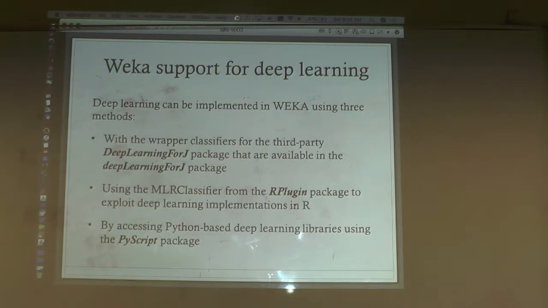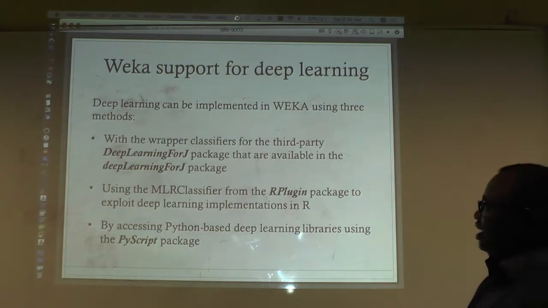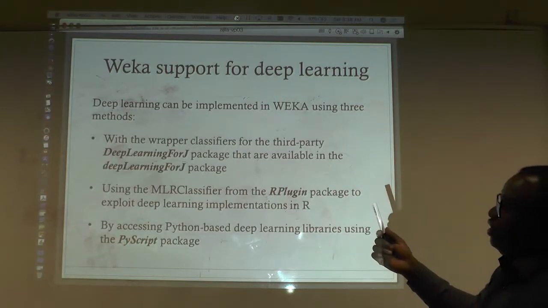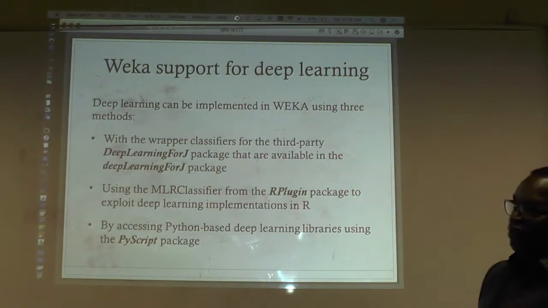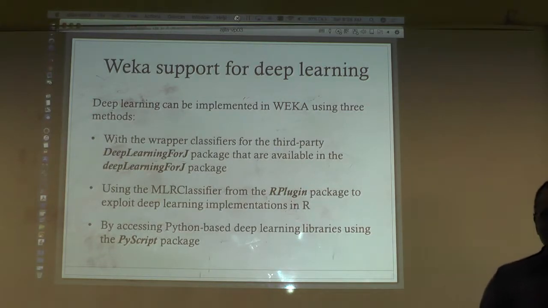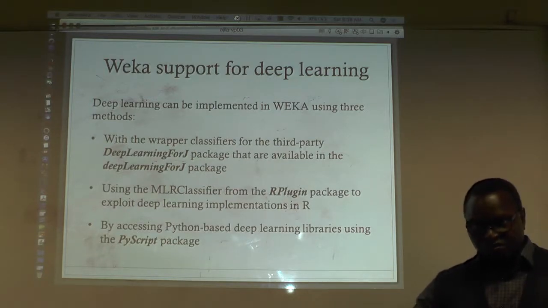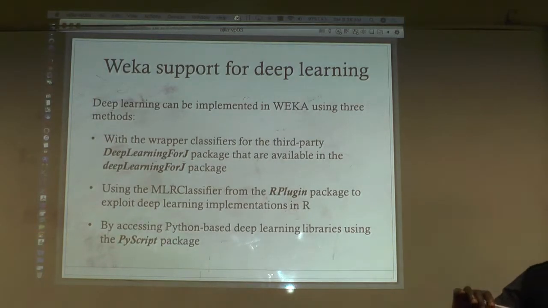Okay. So now, because we're going to go to Waker this morning, I just put this one here for you. Waker supports deep learning, and you can plug in the Deep Learning for J package, which I showed before, into it. Also, Waker allows you to plug in Python, plug in R, okay?